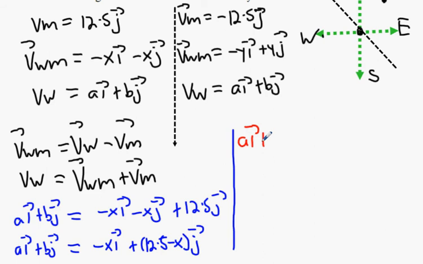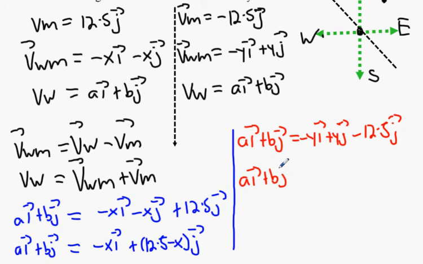AI plus BJ equals phi MW, which is minus YI plus YJ, and that's going to be plus phi M, which is minus 12.5 J. Now, what does AI plus BJ end up to be?